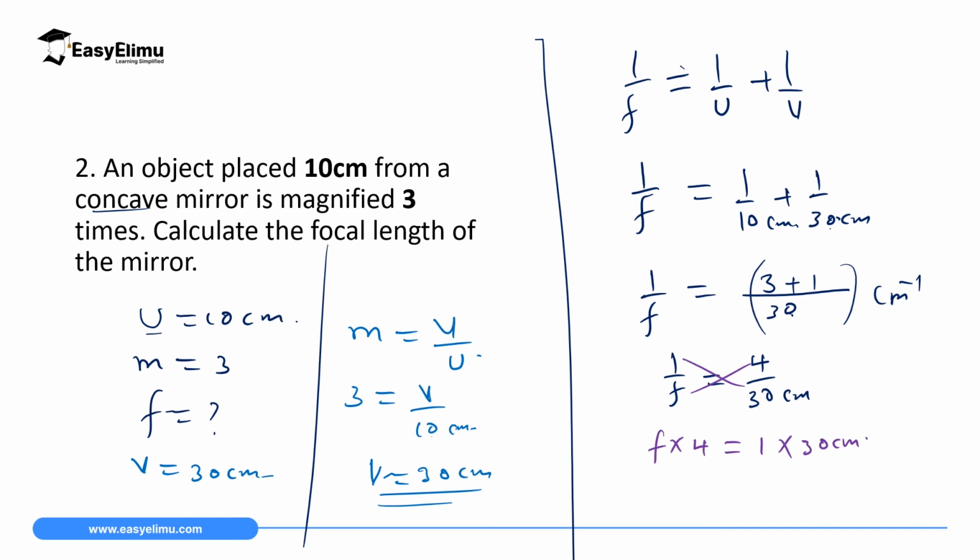Then here is going to have divided by 4, then now this 4 will go, we'll remain with F as 30 divided by 4, which is in this case going to give us 7.5. So our focal length is 7.5 centimeter. So that will be the focal length.